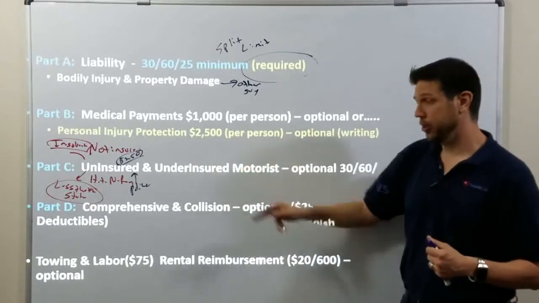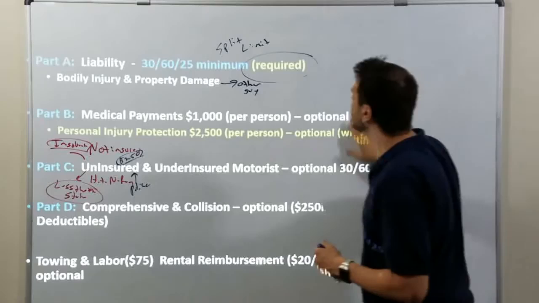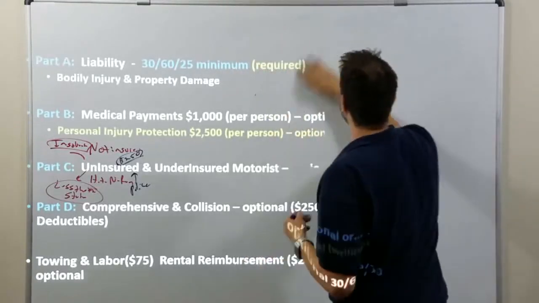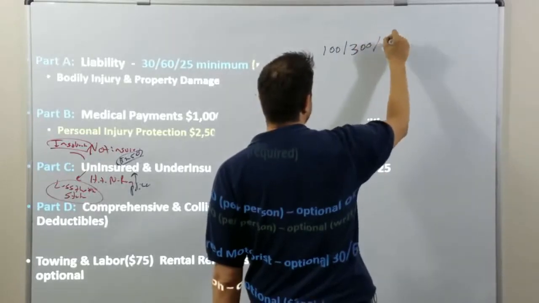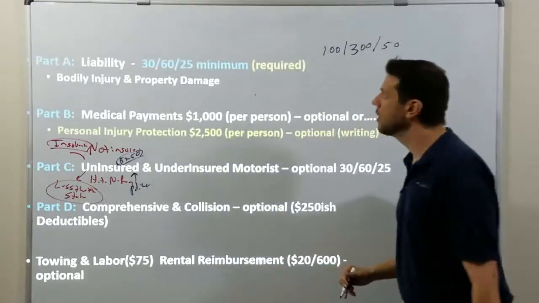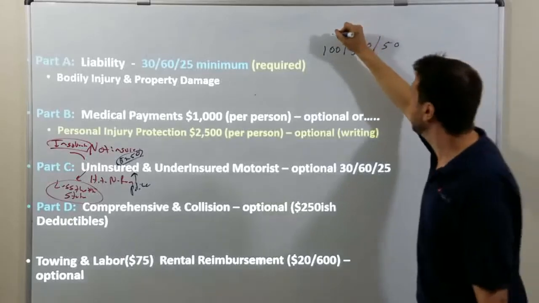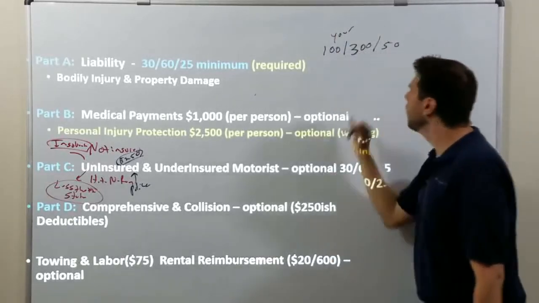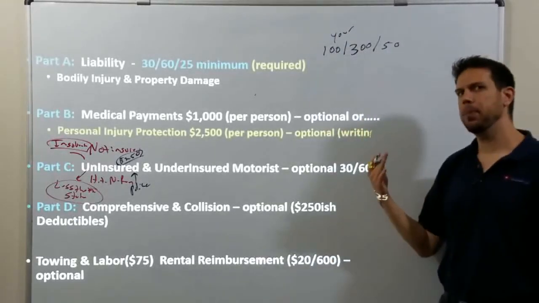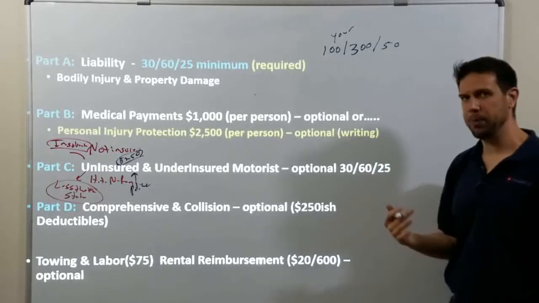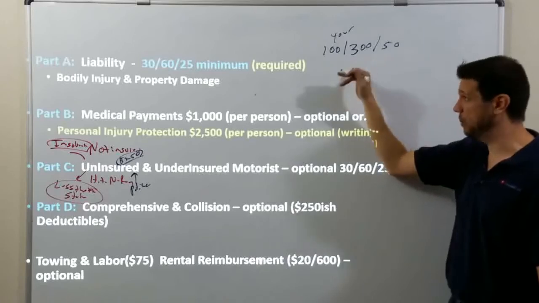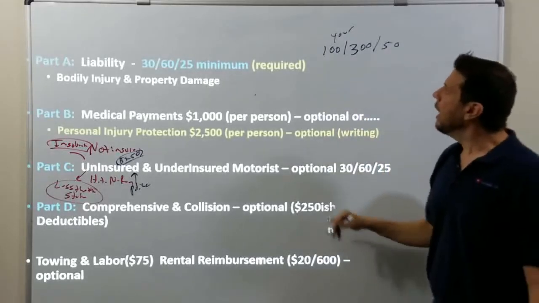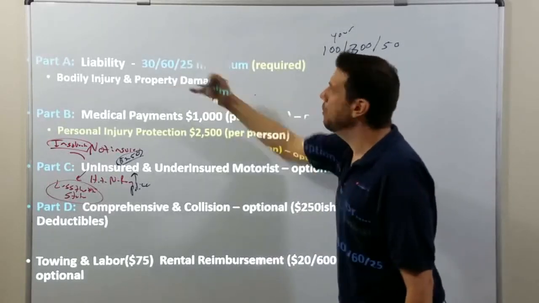Underinsured is a little weird. Let's say you have 100, 300, 50 limits. So you're carrying $100,000 per person, $300,000 per accident, $50,000 property damage. This is decent insurance. You'd feel okay with this. And I have state minimum.